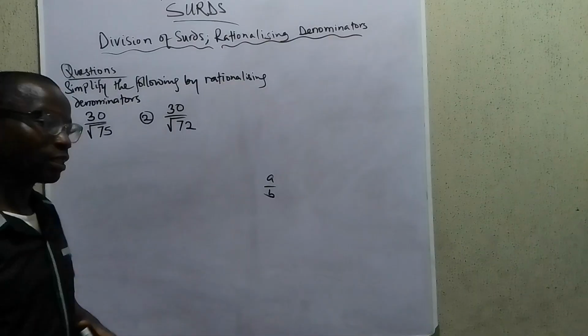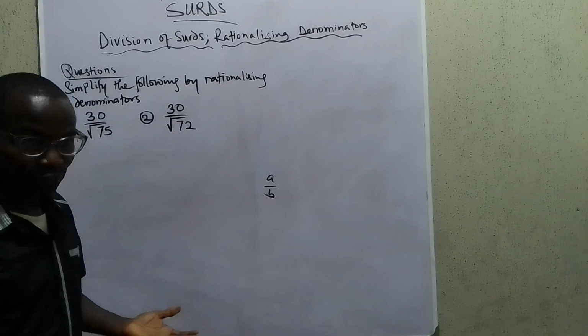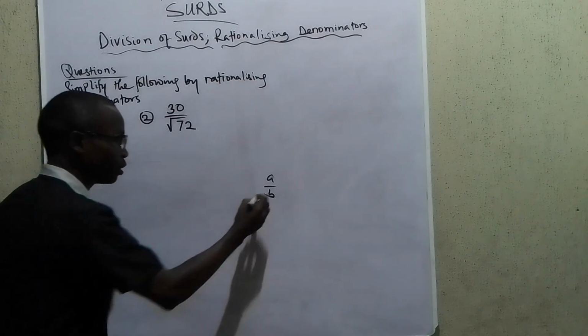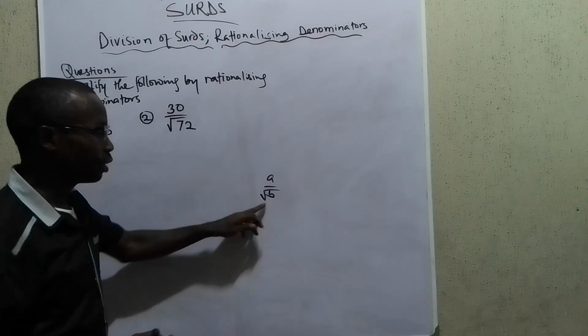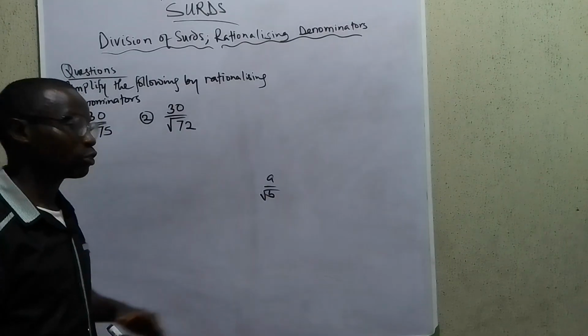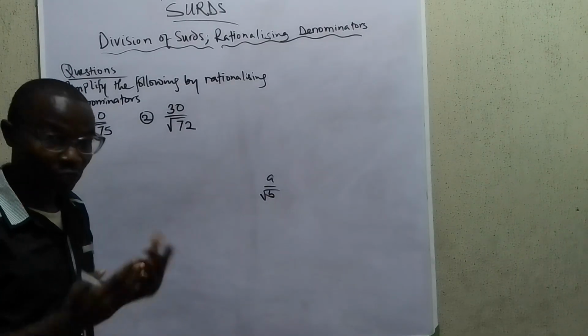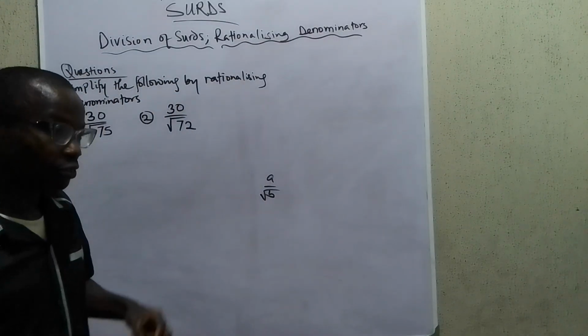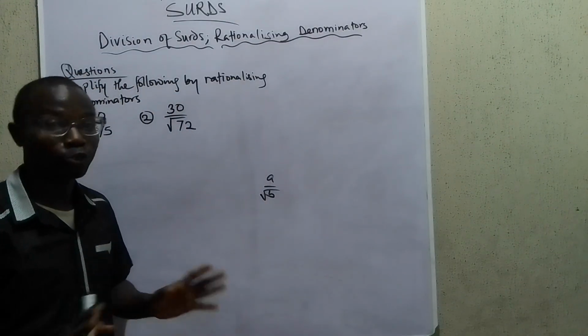But if it turns out that the fraction has a surd, that is one that has a square root, rationalizing the denominator means to make the denominator such that it becomes a rational number.